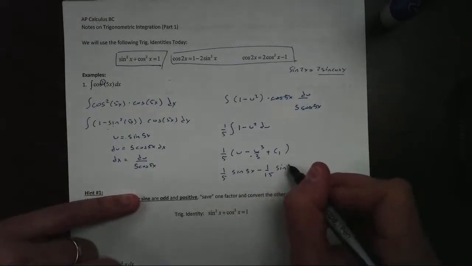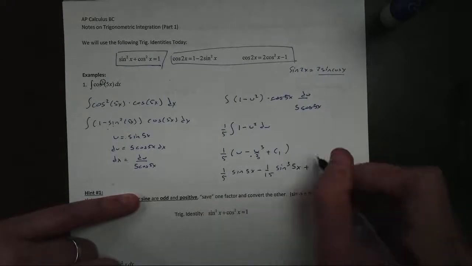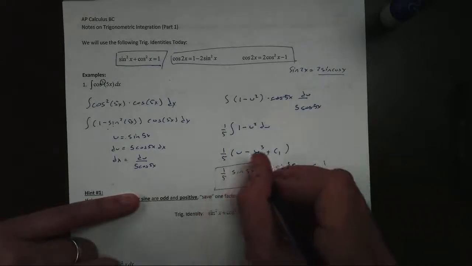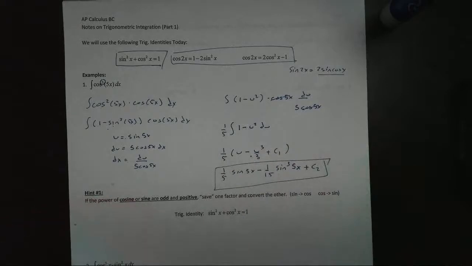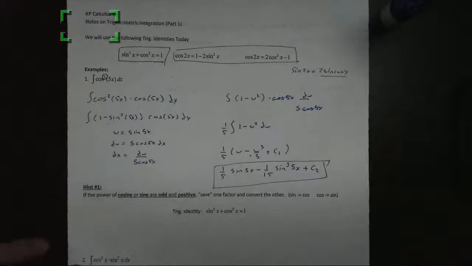Thank you very much. We get sine cubed of 5x plus, and because we are distributing, we should call that c2, and there's our antiderivative. These are kind of fun. You get to manipulate all those little trig identities you learned last year.